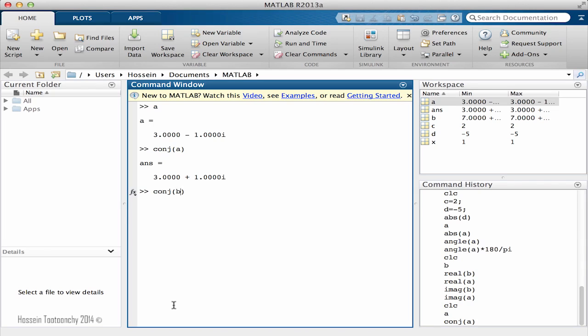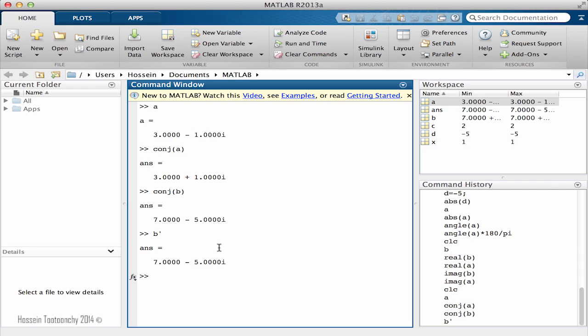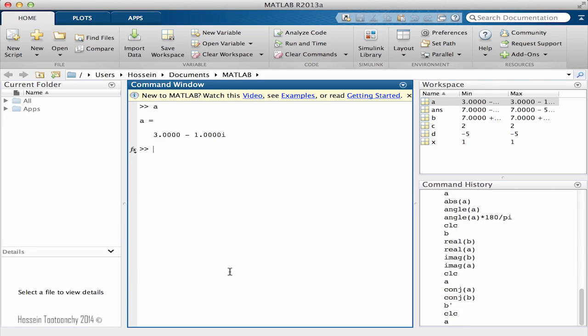I can do it with b too. What could be interesting for you to know is that I can get the same result if I put b and then a single quotation mark. a was this, and the conjugate of a can be gained that way too.